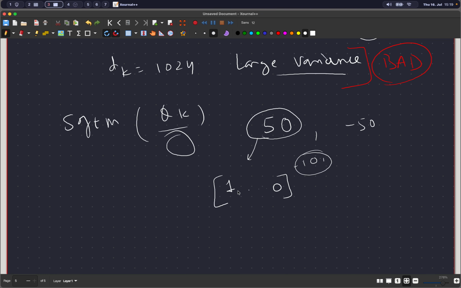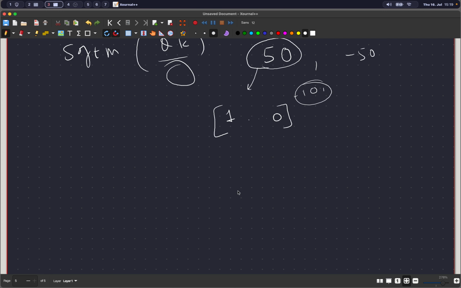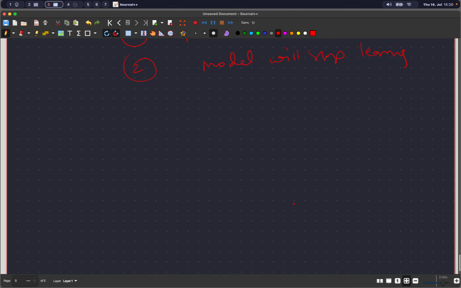This is how the probability distribution will look. This will cause the gradient to become 0 and the model will stop learning. So what is the issue? I'll write it down: the gradient for a lot of updates will go towards 0 and the model will stop learning. So this defeats the purpose.